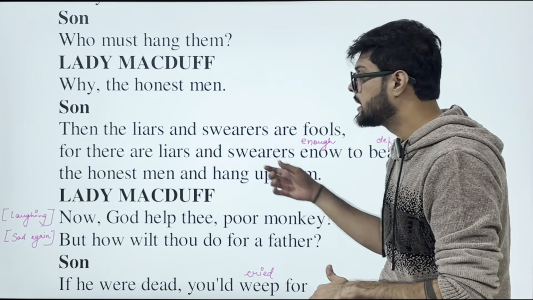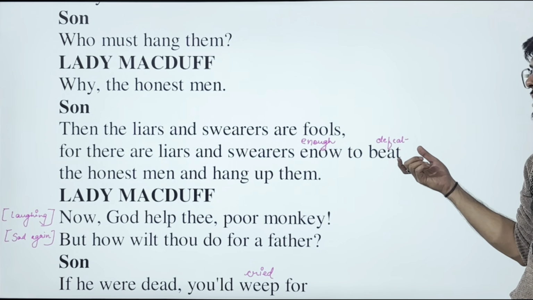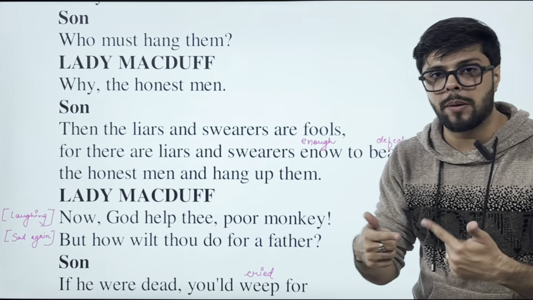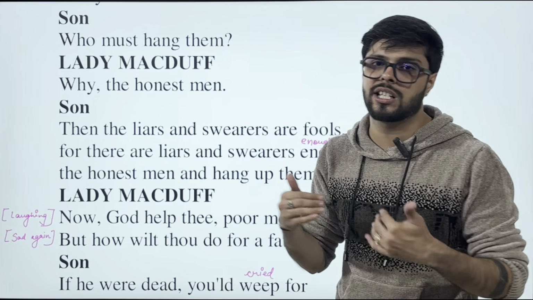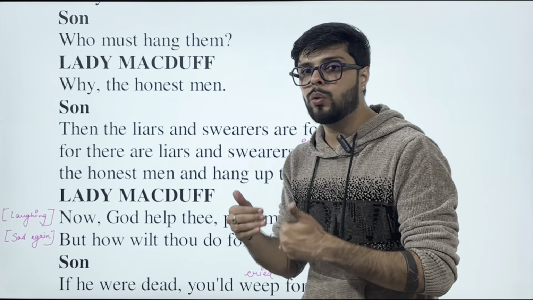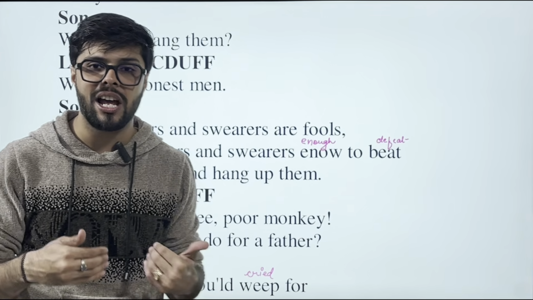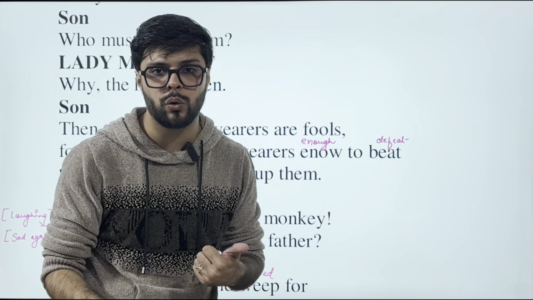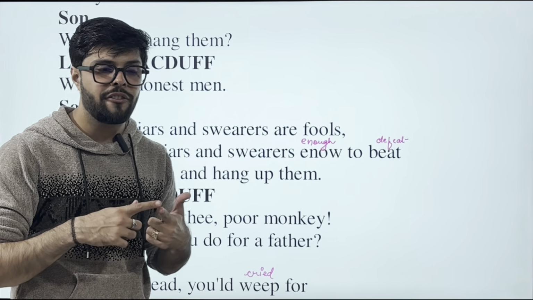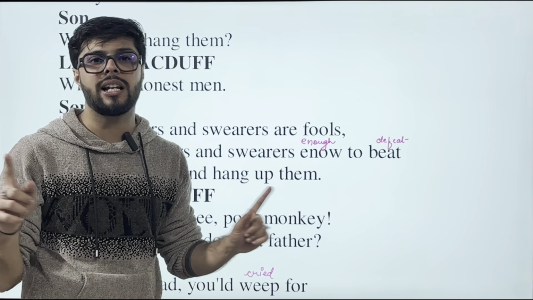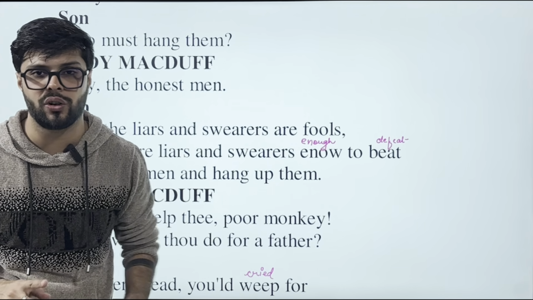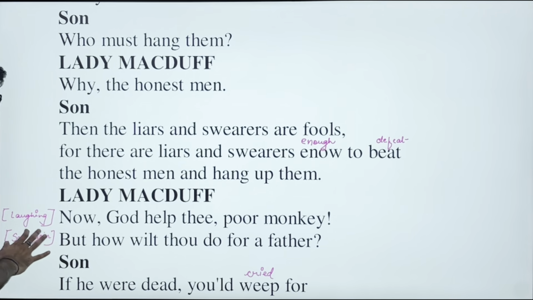So there are so many liars and swearers, in such numbers, that they can beat honest men. If honest men were to hang those who swear and lie, who make an oath and break that oath, those liars are still far more numerous than the honest men, and they are going to defeat them. That is what he says.